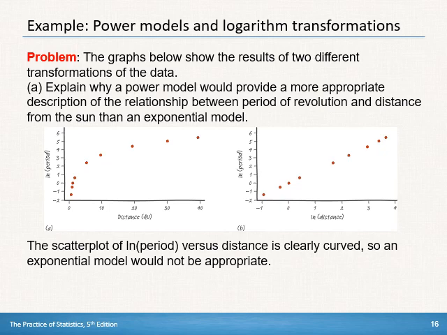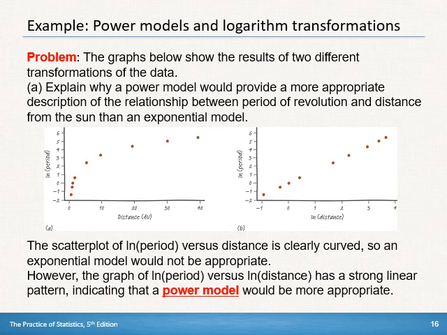And that's the test that we will go check for exponential models. But an exponential model is not appropriate because it did not straighten out that data. However, it does appear that our data is following a power model because the natural log of distance plotted against the natural log of period does seem to straighten out the data.